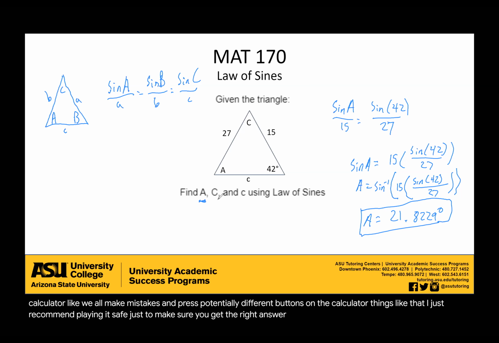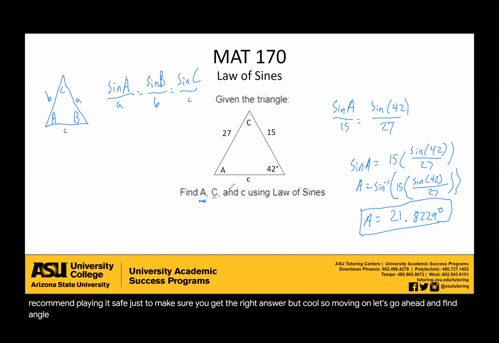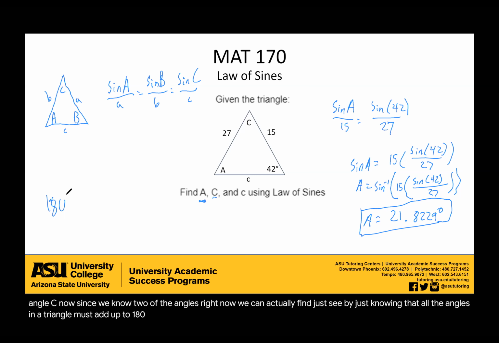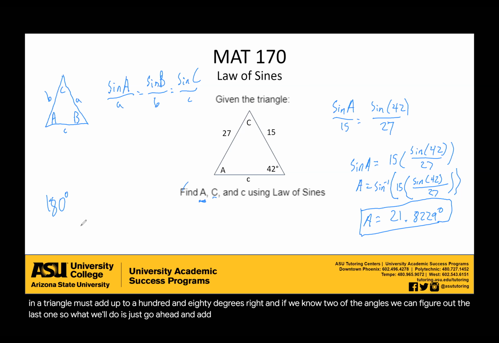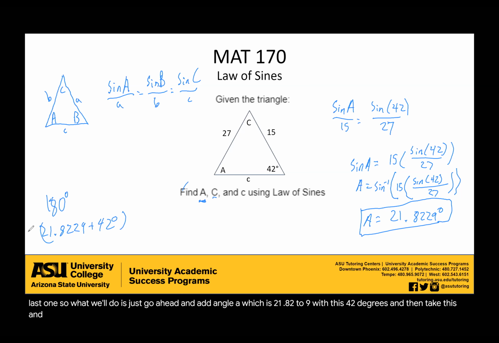But cool. Moving on, let's find angle C. Since we know two of the angles, we can find C by knowing that all the angles in a triangle must add up to 180 degrees. So we add angle A, which is 21.8229, with this 42 degrees, and then do 180 minus that.